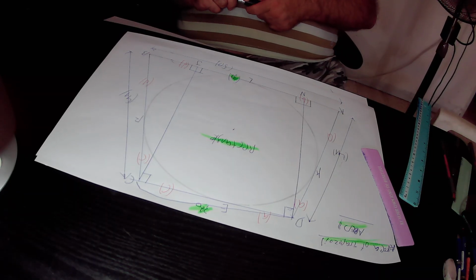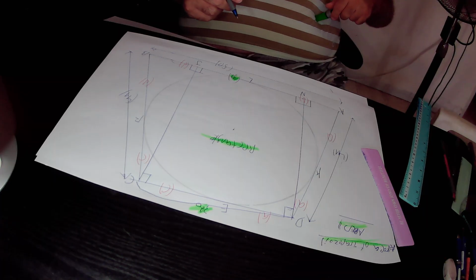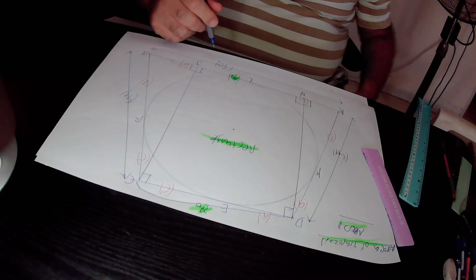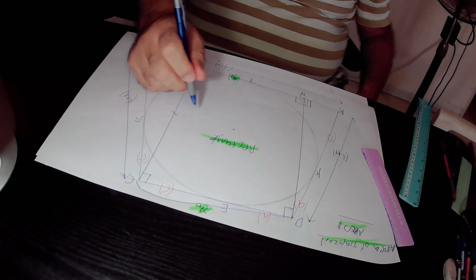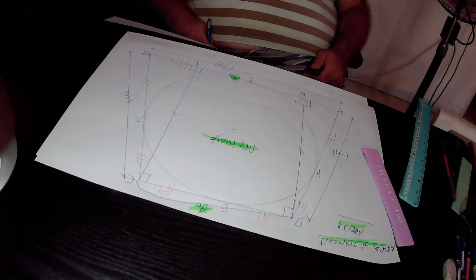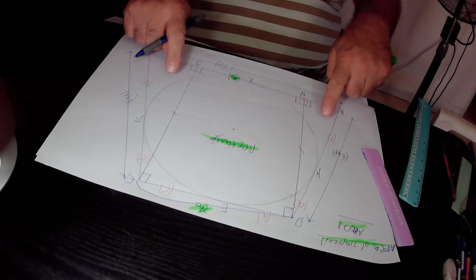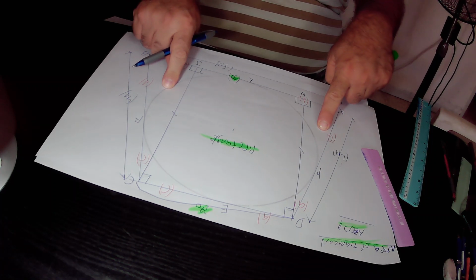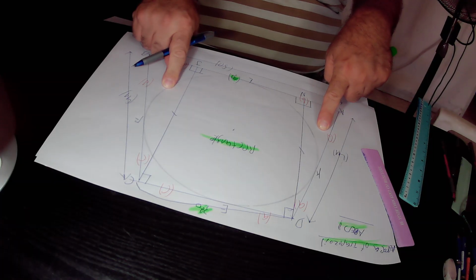Likewise, according to the rule that the opposite sides of a rectangle are equal to each other, we get that side CJ is equal to the opposite side DN. So, those two right triangles are congruent to each other, can be related to each other according to the side rule.